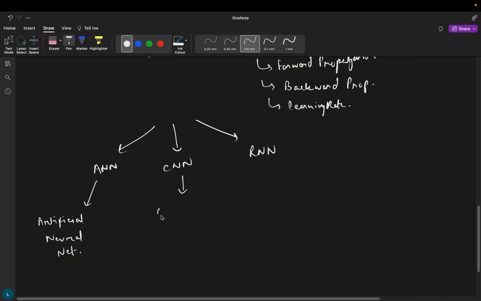CNN stands for Convolution Neural Network. And RNN stands for Recurrent Neural Network. So artificial neural network, convolution neural network, and recurrent neural network. So what do these mean?